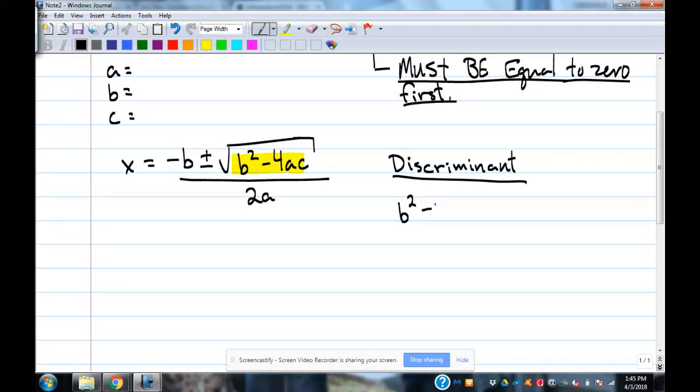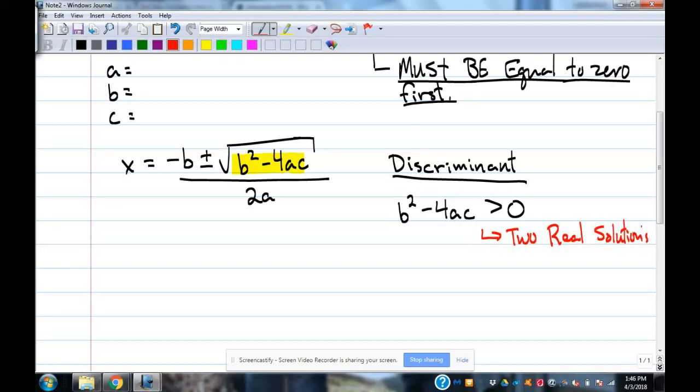Depending on what kind of answer you get for b squared minus 4ac, that determines what kind of answers you're going to have for your quadratic. If b squared minus 4ac is positive, greater than 0, it's a positive number, that will give us 2 real solutions.